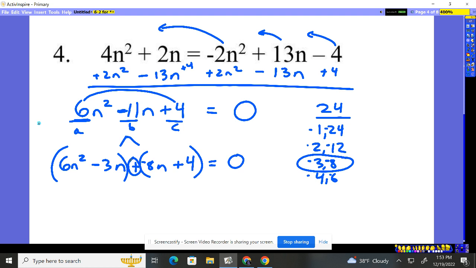So I need to factor out of this first grouping, 6 and 3. Well, 3 can come out, n squared and n can come out. 3 times 2 is 6n, n times n is n squared. 3n times a negative 1 will be the minus 3n there. So, because both the 3 and the n factored out and left behind the 1.